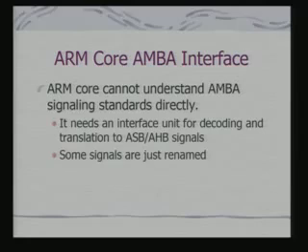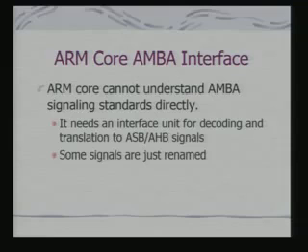Now, how does an ARM core interface with AMBA? Let us take a simple example of ARM7, and we have seen ARM7 signals. ARM7 signals are not directly or strictly compatible with AMBA signaling standards. In fact, they do not translate directly.